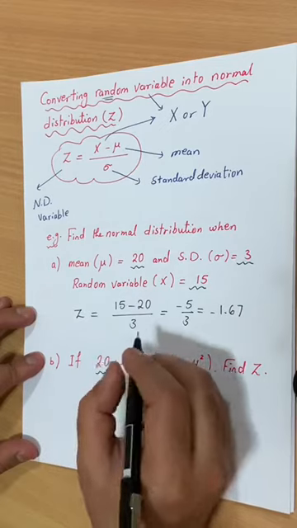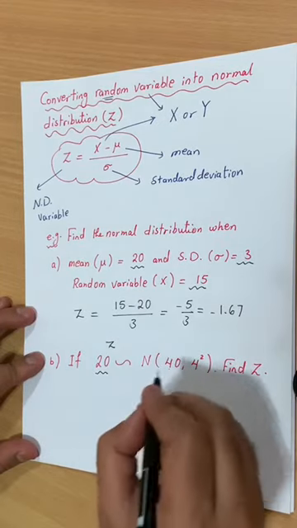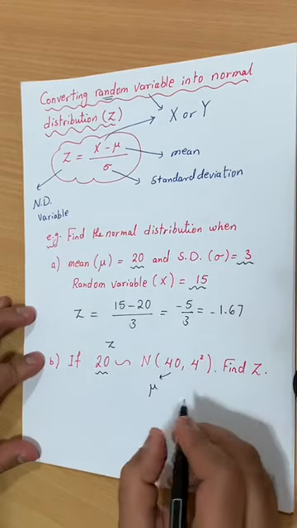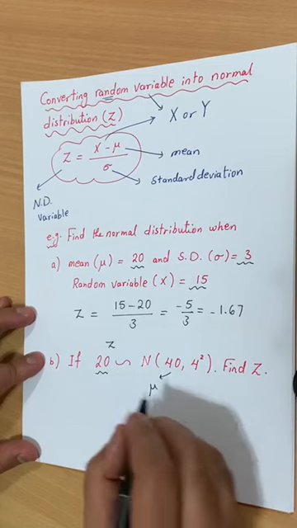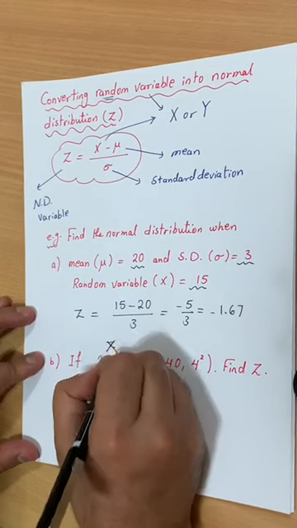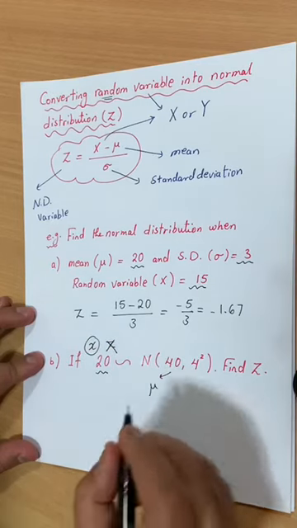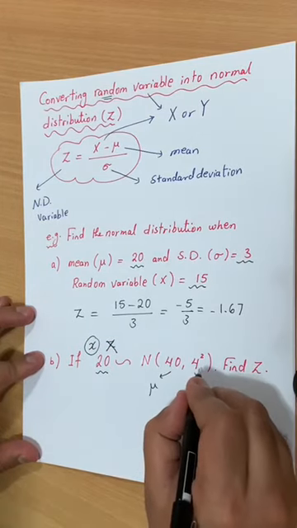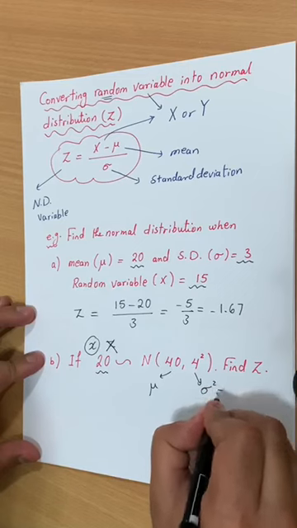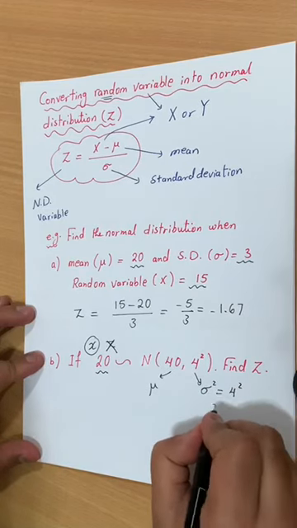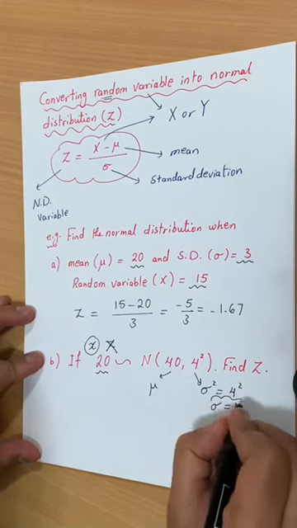N is the Z value, 40 is mu, this is not X, this is the random variable X. 4 squared is sigma squared, but sigma is equal to 4 only.